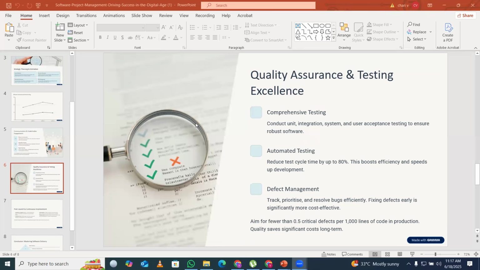We are also going to look at user acceptance testing. We develop the project as per the user requirements, so we need to check whether the user requirements are being fulfilled in the project or not. So we check with user acceptance testing. And next we need to look at automated testing.